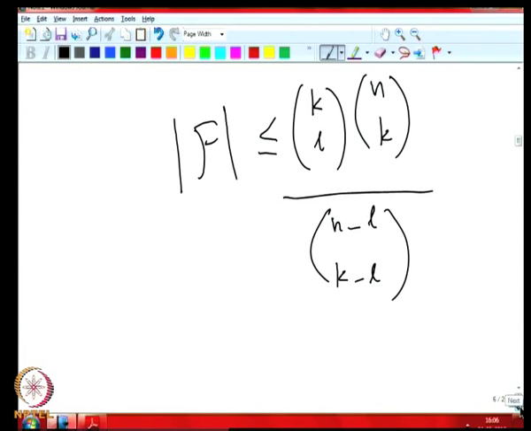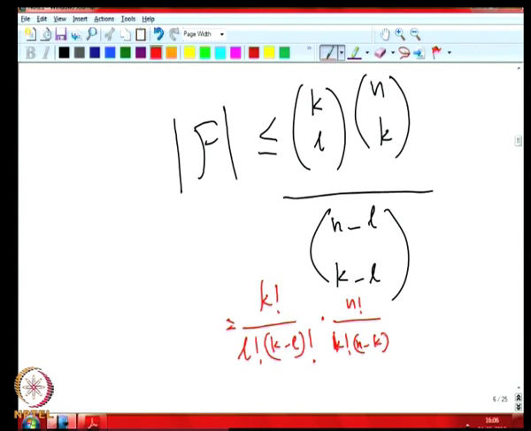Of course I should not make any mistake. So this is k factorial divided by L factorial into k minus L factorial here, and in the numerator I am expanding n factorial divided by k factorial into n minus k factorial.